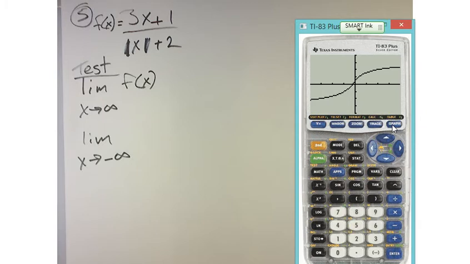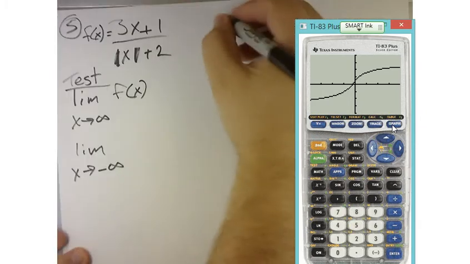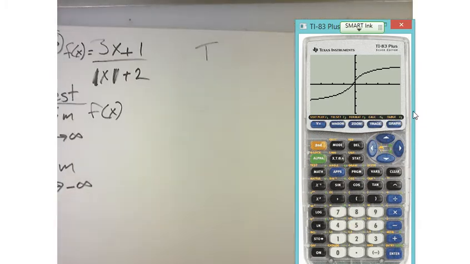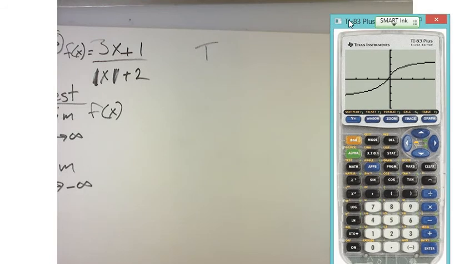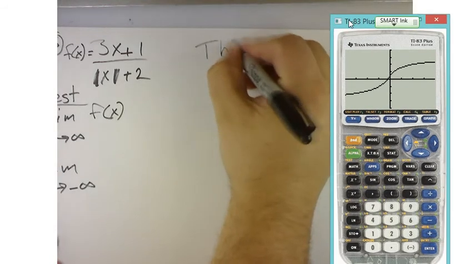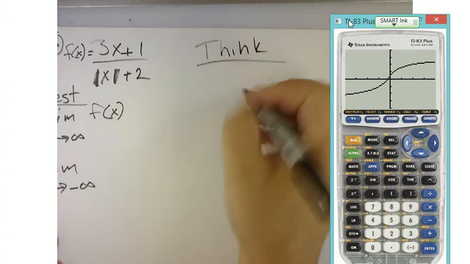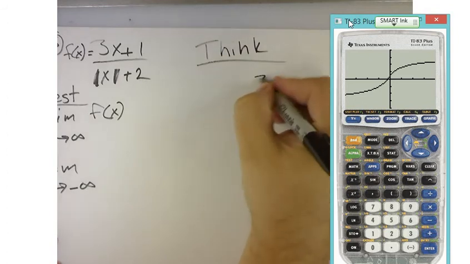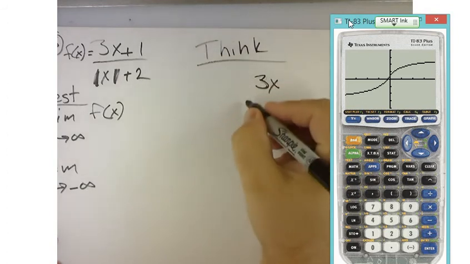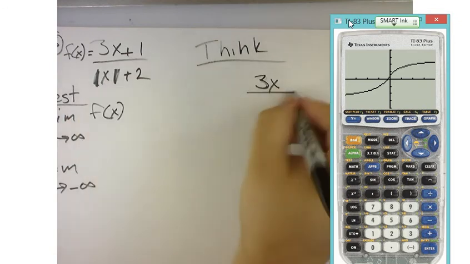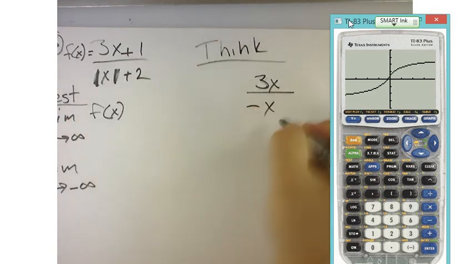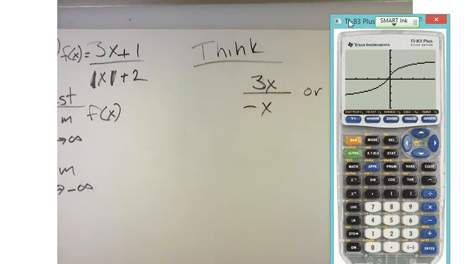Well, we talked about this before. Yeah, I could look at it and see it, but how do I know the exact numbers, right? It's the leading coefficients. So as we approach infinity and negative infinity, really what I'm looking at is 3x over, what's the possibility for x? Well, it could be negative x or 3x over positive x, right?